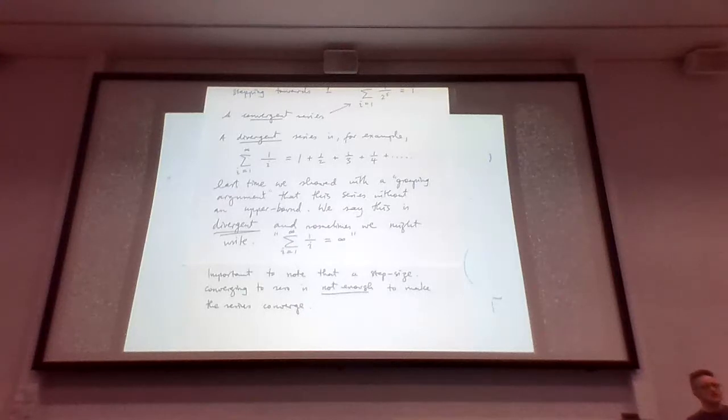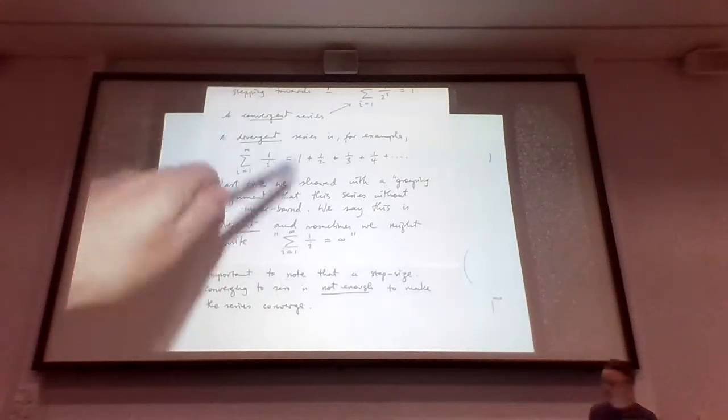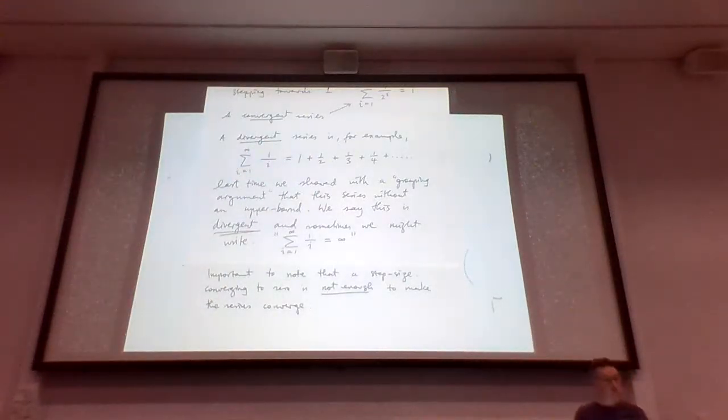So what we're going to do in this chapter is develop a theory about series in a similar kind of fashion to the way we developed the theory about sequences. It seems there are very interesting things going on here. Sometimes we get convergent series, sometimes we don't.